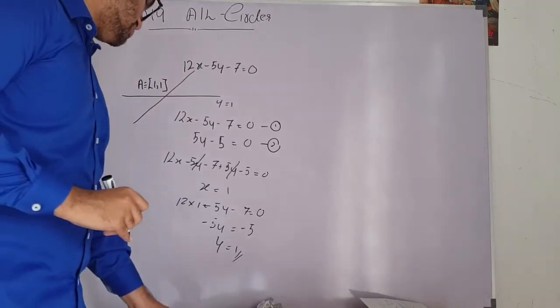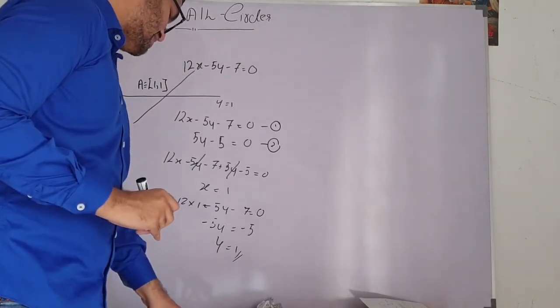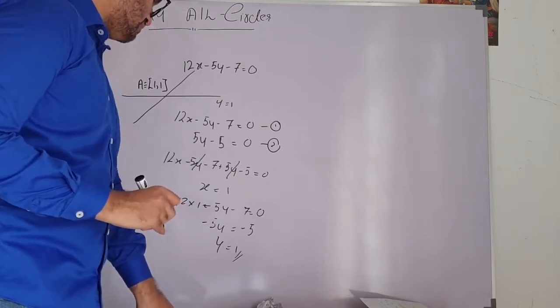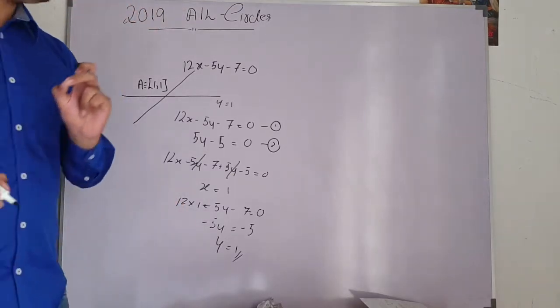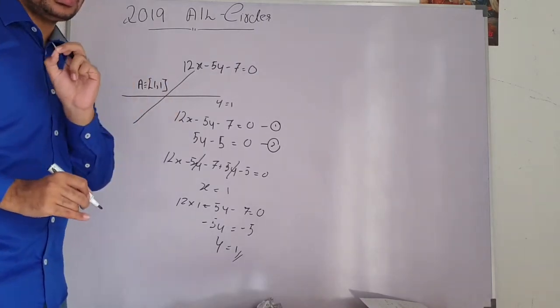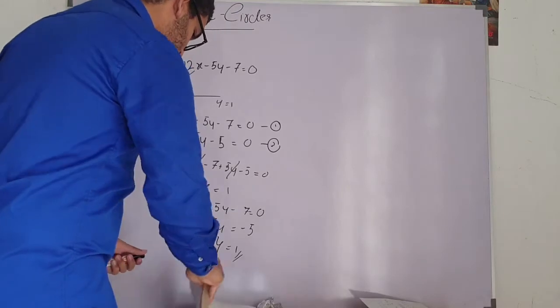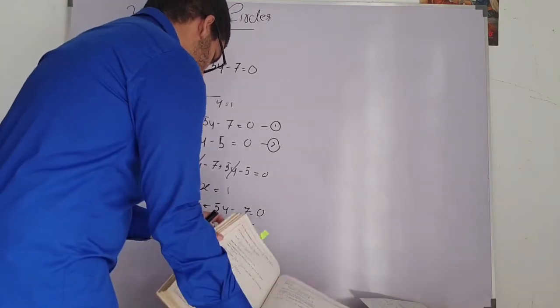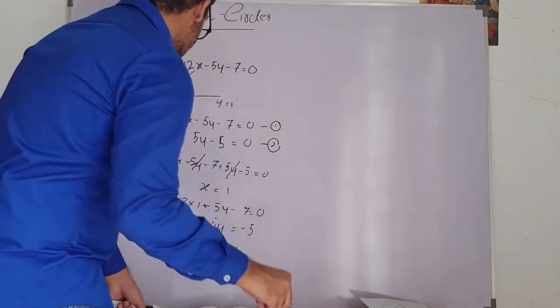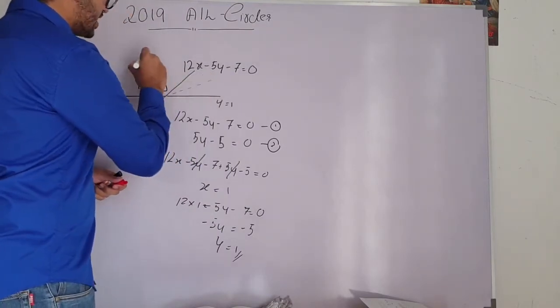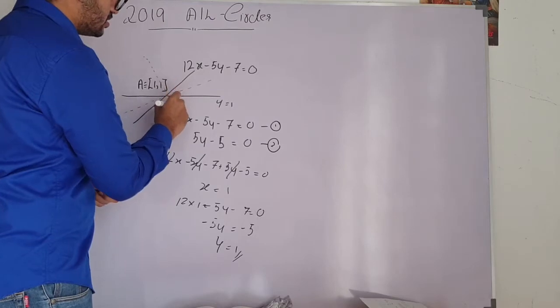So the next question they ask: let L be the bisector of the acute angle formed by these lines. Find the equation of the straight line L, in which the angle formed is acute. You can clearly see that when we have these types of questions, we have an acute angle bisector and an obtuse angle bisector as well.